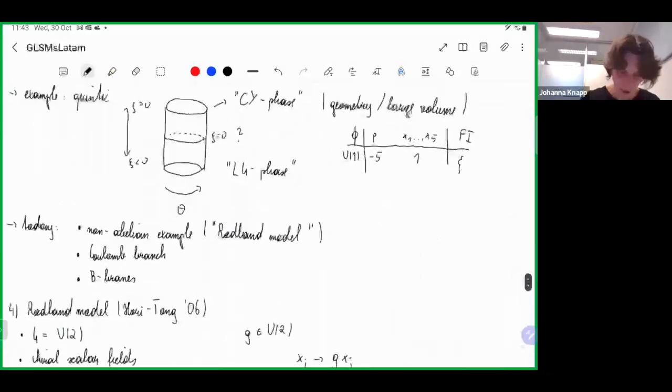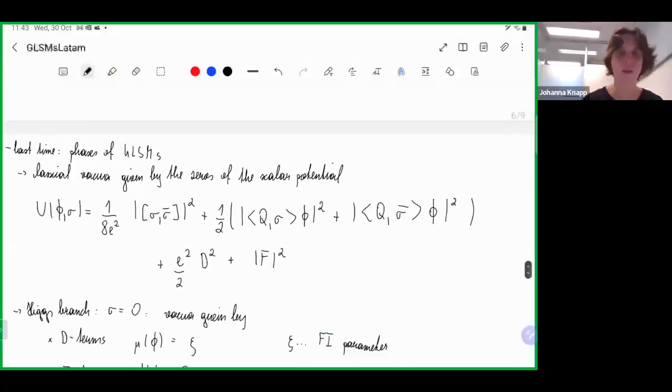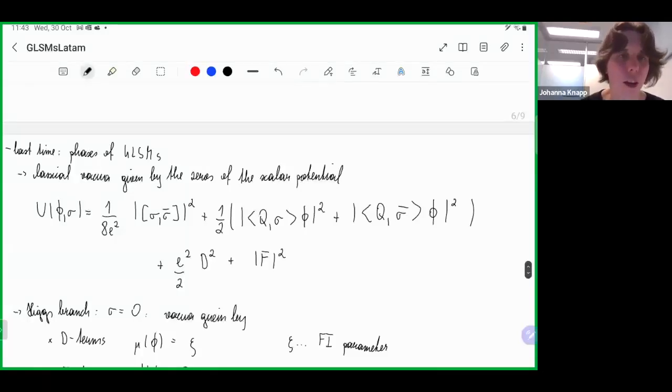Sorry for the scrolling. Let's look at our scalar potential again. This is our main quantity to look at. We have the sigma fields in each of the quadratic terms in the first line here, and we have to get them to 0 individually. We immediately see the sigma fields are in a Lie algebra.